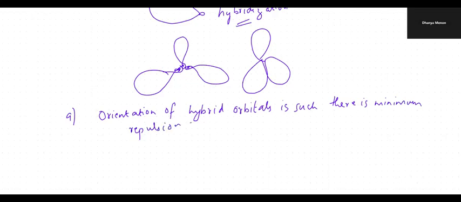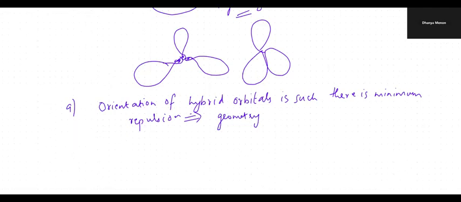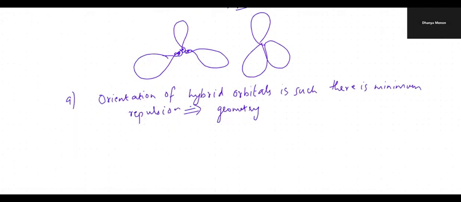And this creates a geometry. So this is responsible for the geometry of the hybridized orbitals and provides stability to the orbitals. Okay, so the orientation of the hybrid orbitals is such that there is minimum repulsion.